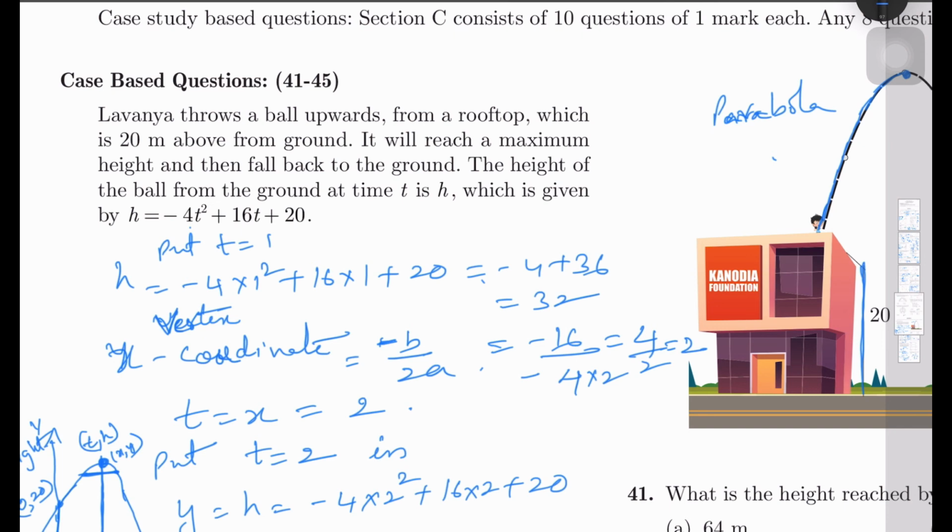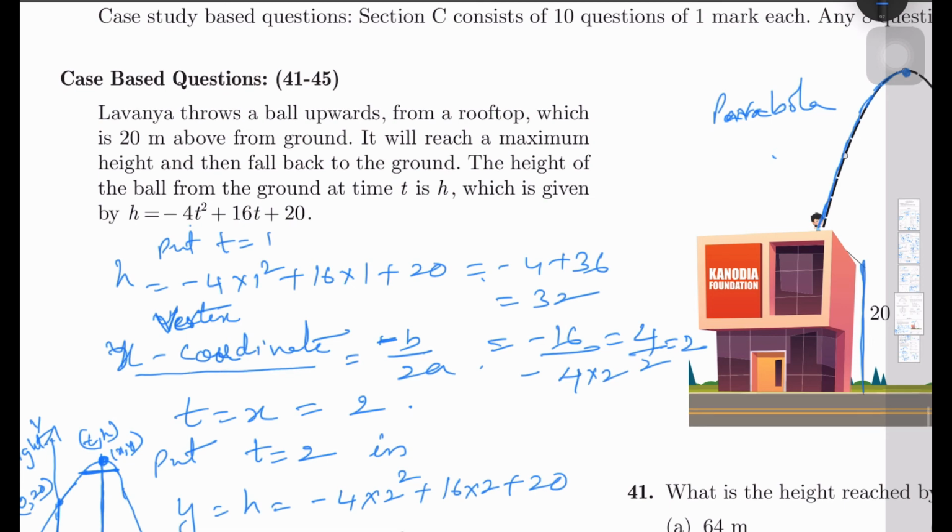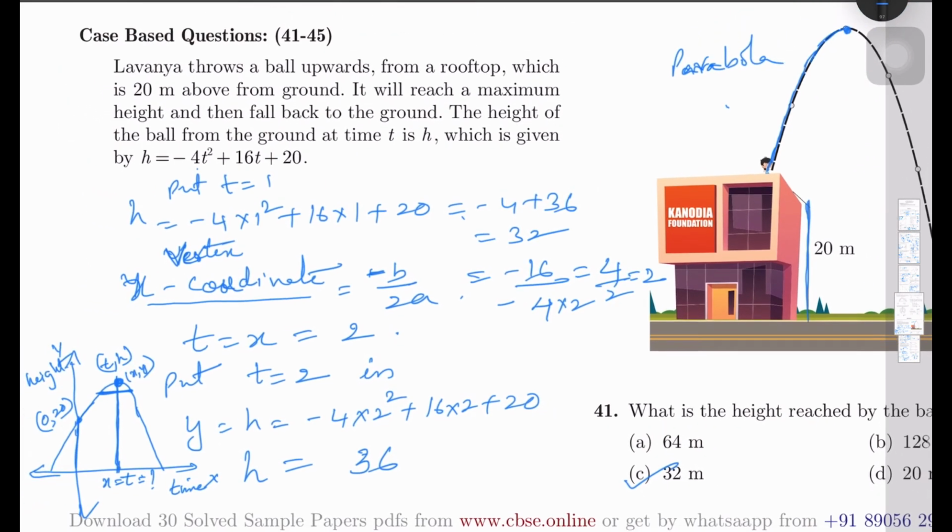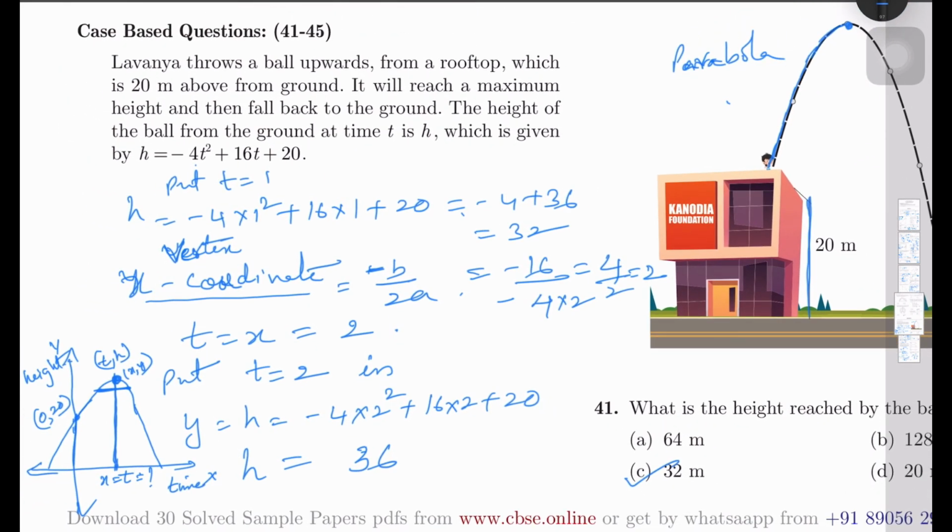Using the perfect square method, the x coordinate is nothing but minus b by 2a. That is where the maximum height is reached. So minus b by 2a is minus 16 by minus 4 into 2, which is equal to 2.